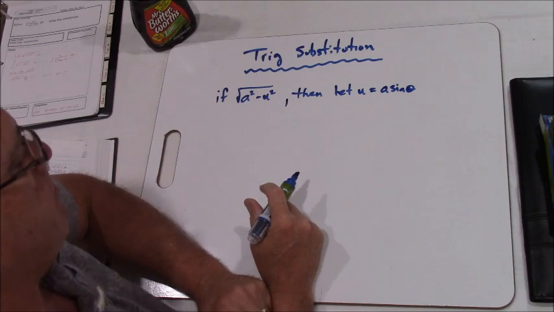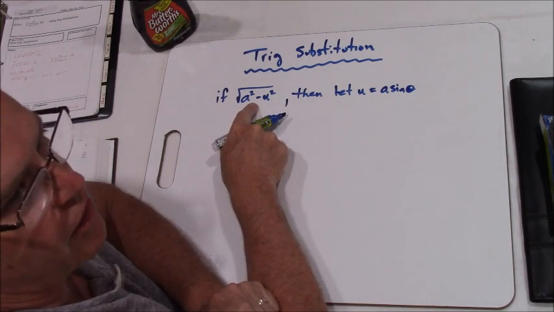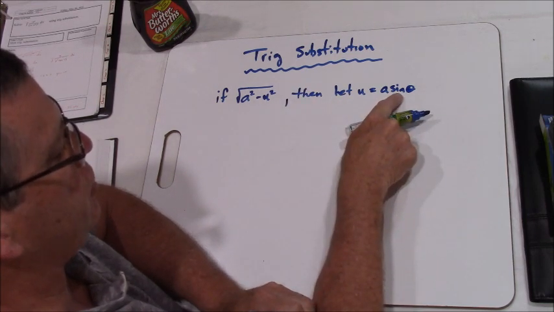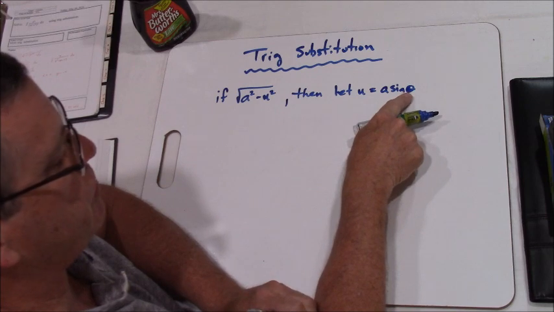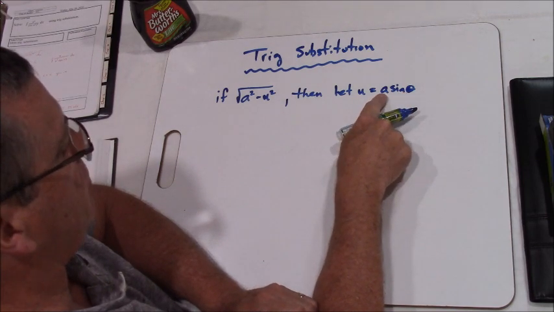When you think about this, if this was in a denominator, it kind of looks like an arcsine, and so that's why we're choosing the sine function. But notice we're sticking a different variable in there. Okay? Again, a is just some number.